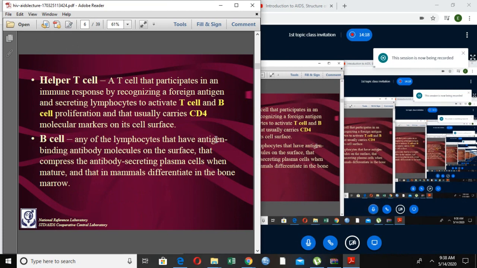So once we have a foreign antigen intruding the body, the helper T cell will be activated first.